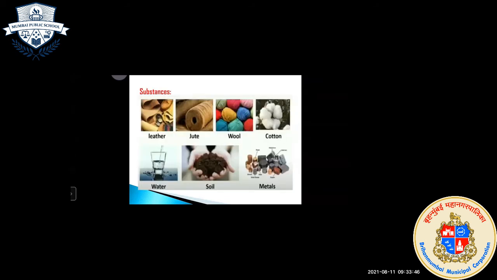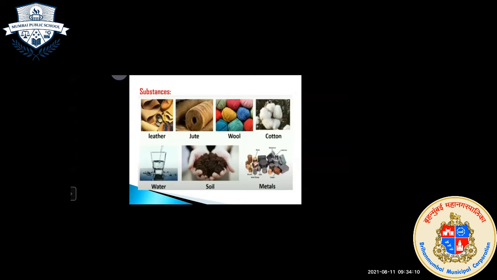Okay. So here, just recall what we have learned. We have learned the classification of substances, that is substance is divided into natural and man-made. And again, this natural is divided into biotic and abiotic.